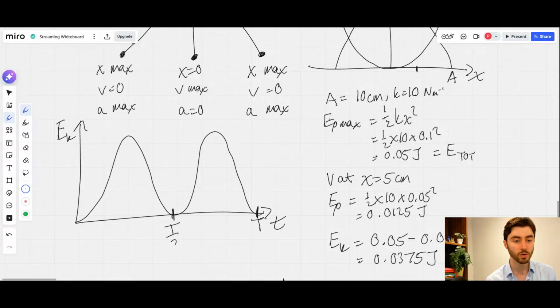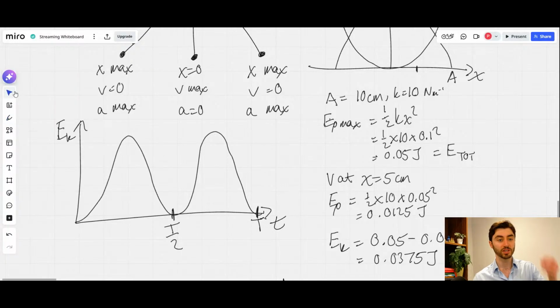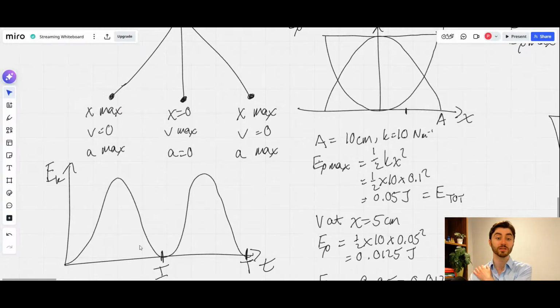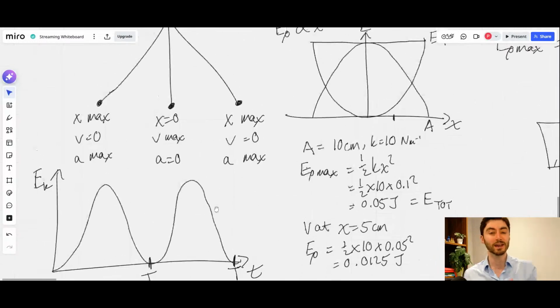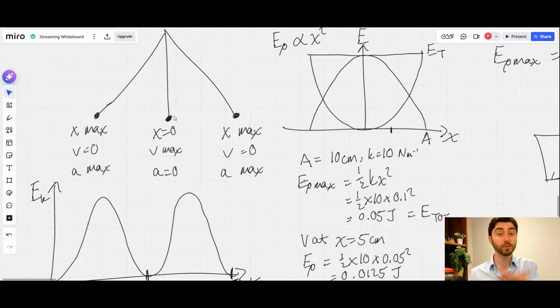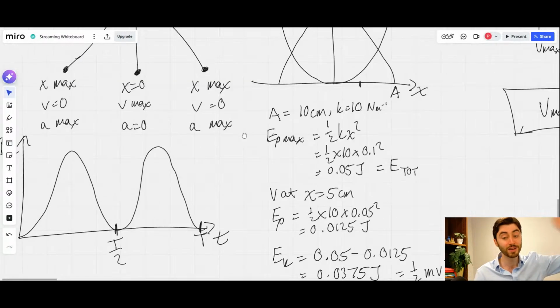That there would be T over 2, which is when it reaches the other side and the kinetic energy goes to 0 again. So please be very, very careful. If they say it's undergoing 3 oscillations, that means it's past equilibrium 6 times, so you get 6 kinetic energy peaks. Super important.